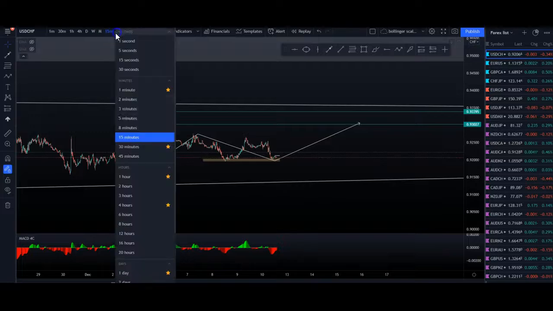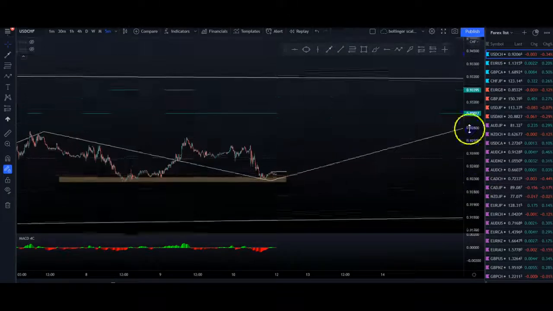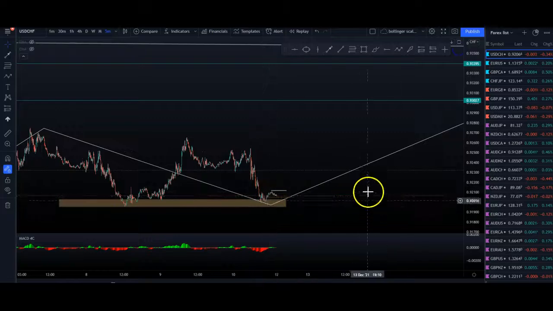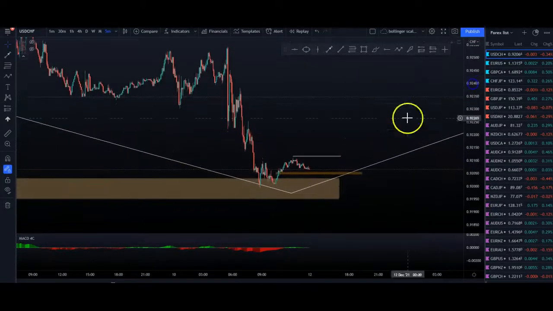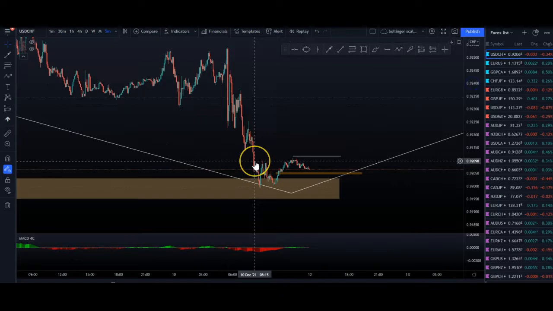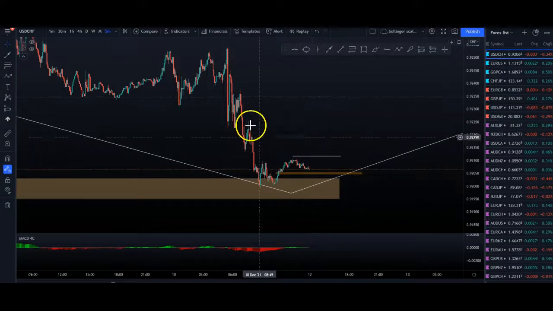Even the 5 minute. Let's see. In the 5 minutes, the market broke, or kind of broke this high right there. Now it's retracing. If I see a retest of any of these areas over here, I will jump into the market for a few pips going up.